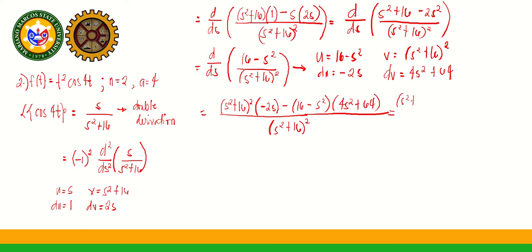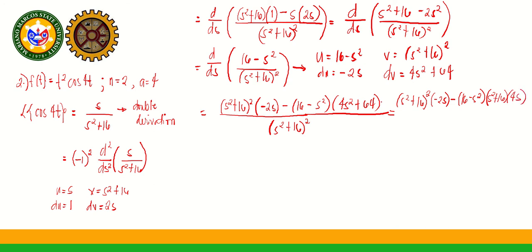s squared plus 16 squared times negative 2s minus 16 minus s squared times ito, pwede natin siyang i-factor, ilabas natin si s squared plus 16. So that is s squared plus 16 multiplied by 4s. Okay?